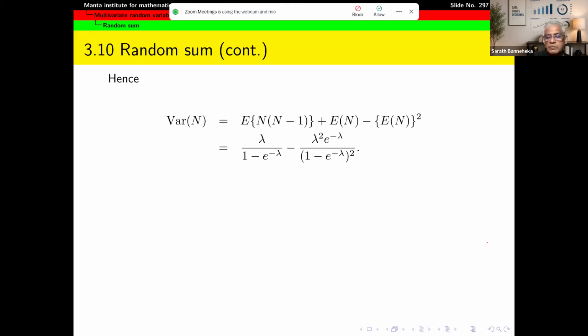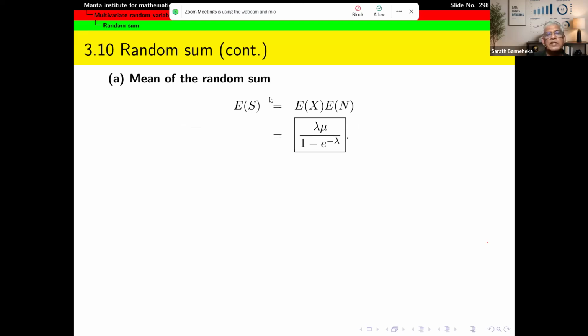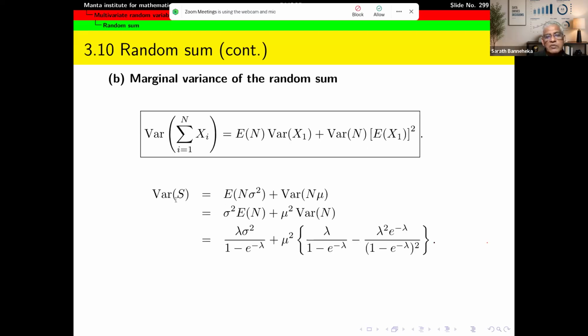So the expected value of S will be equal to the expected value of X times the expected value of N. The expected value of X is equal to mu, and the expected value of N is equal to lambda divided by this quantity. The variance of S we can obtain using the variance decomposition formula here.